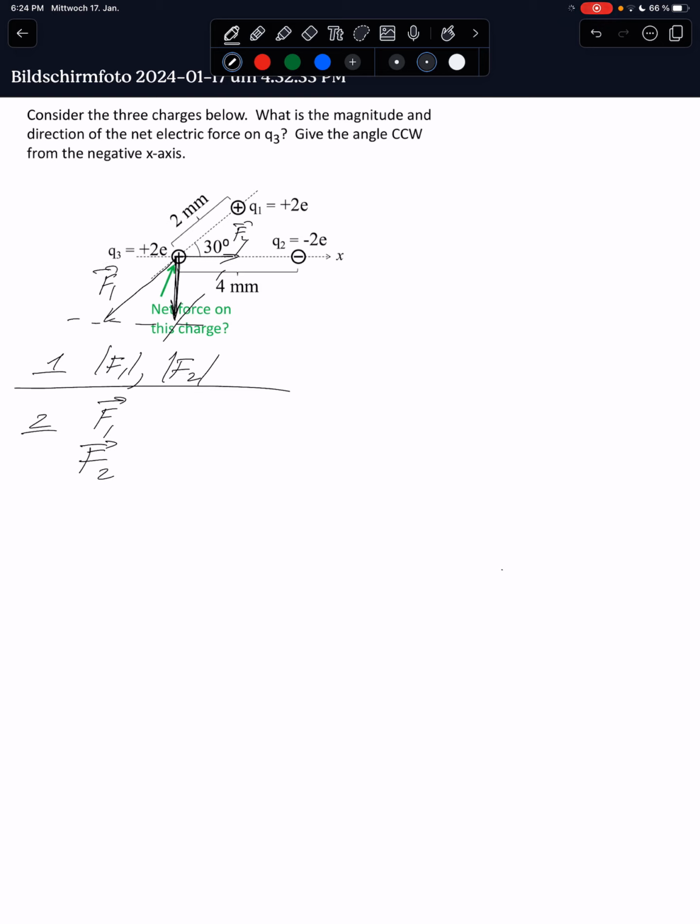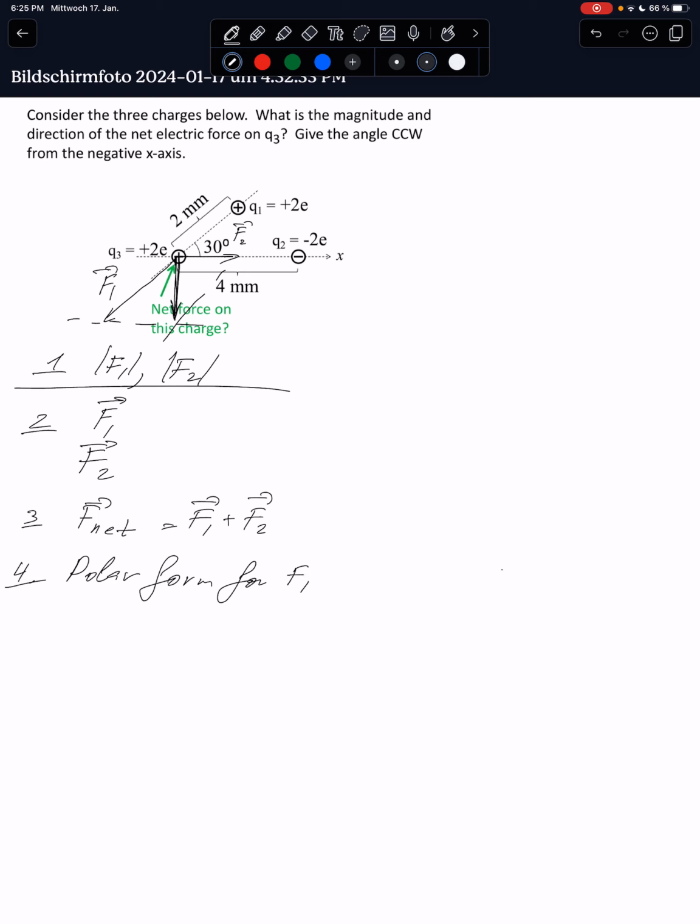The next part will be to find the net force, which will be given by F net, the vectorial sum of F1 plus F2, and we will find it as well. And finally the fourth part is to find the polar representation, polar form for F1.